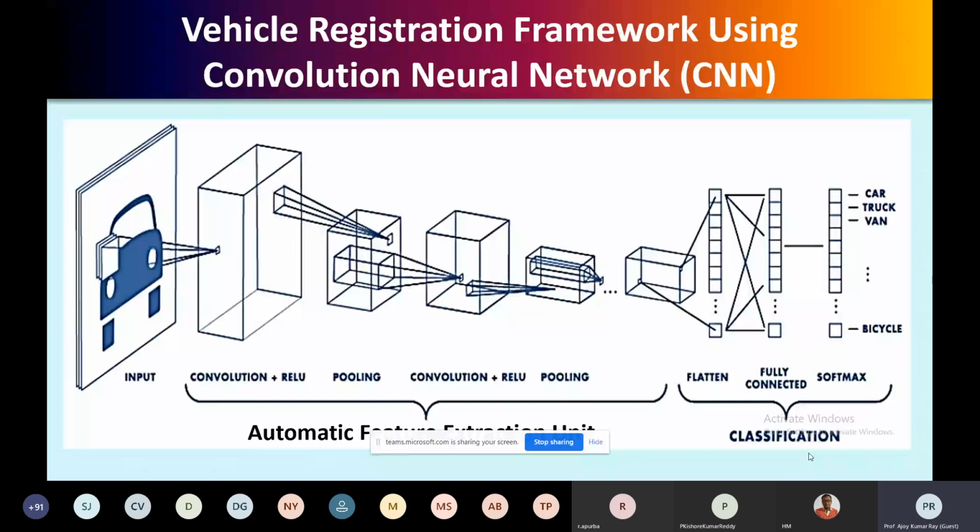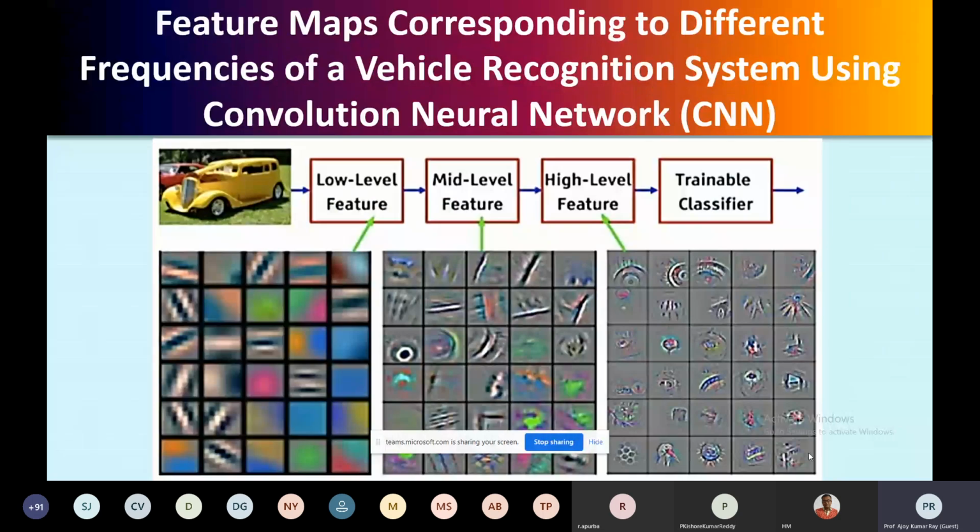One example is the registration number of a car, in a vehicle recognition system.